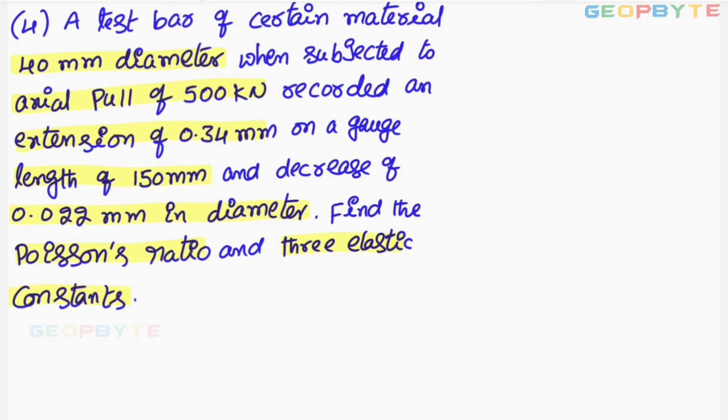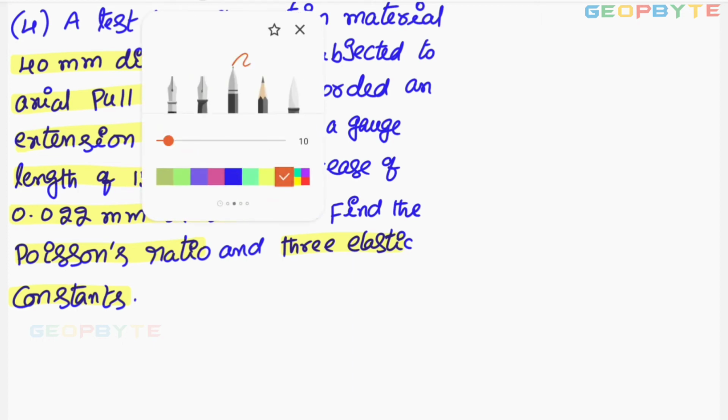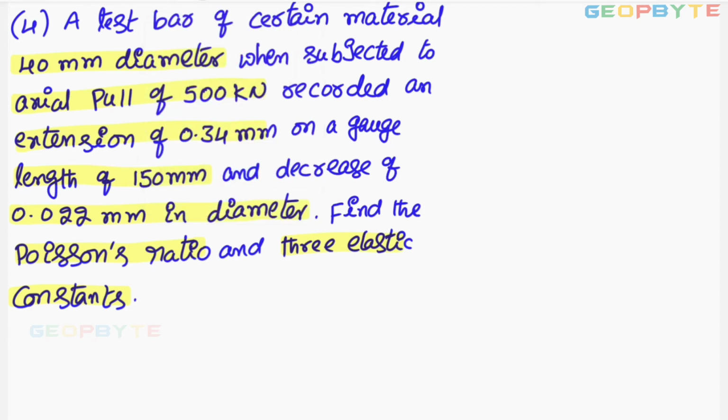First let me write the given data for this problem. This kind of problem is also important. Diameter is given 40 mm and the load is given 500 into 10 power 3 newtons.